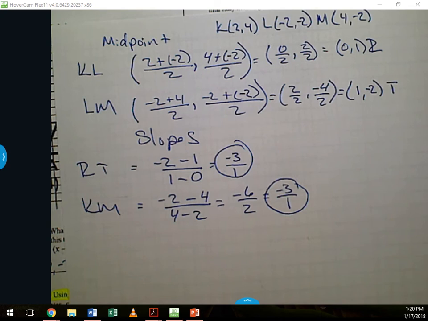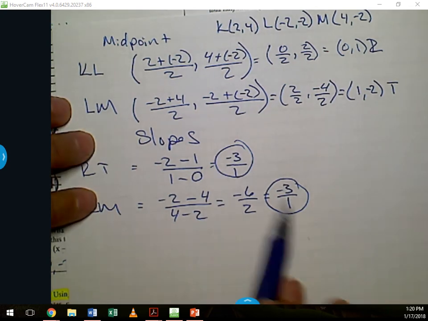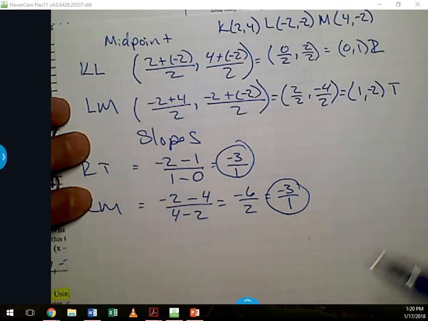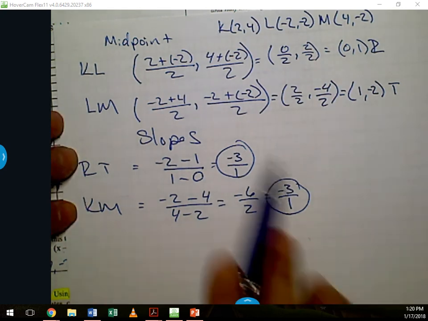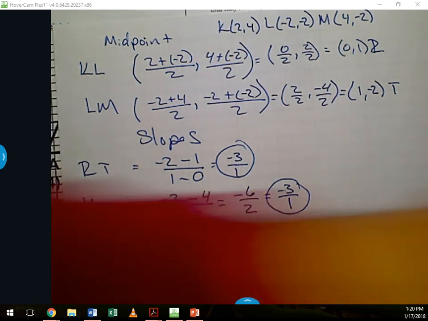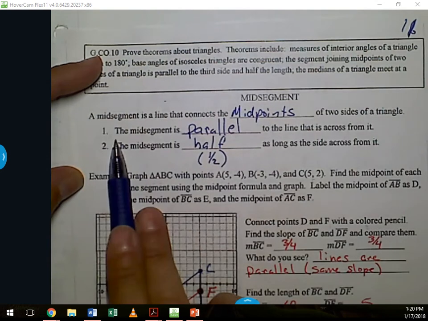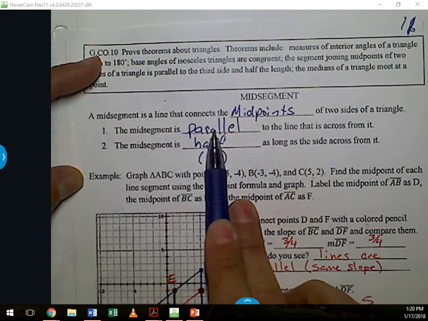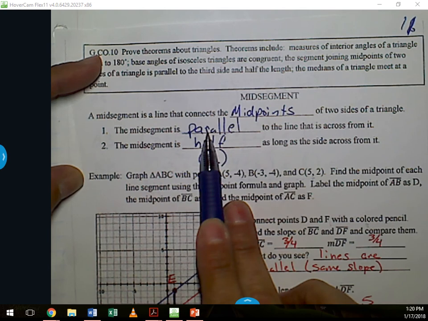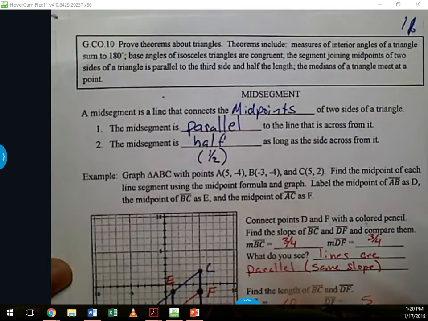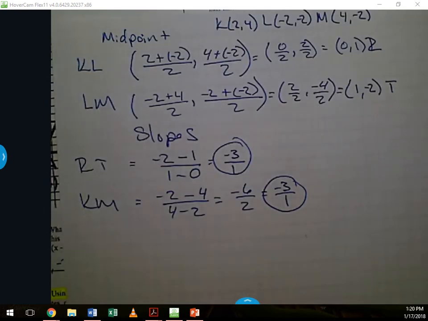Okay? So, parallel lines have? So, are these the same? Yes. So, what does that mean? They're parallel. Let's take a look at my notes. What does part 1 of my thing say? Mid-segments parallel. Are they parallel? Yes, they are. Hey, look. I'm done with part 1 right there, right?